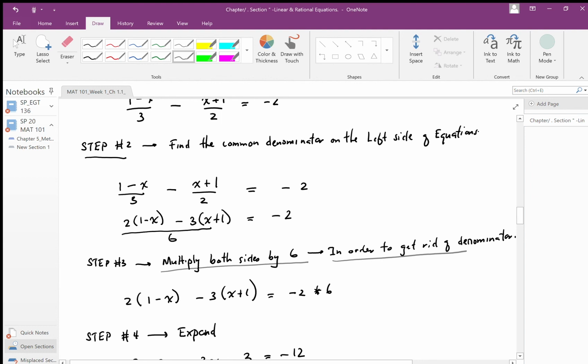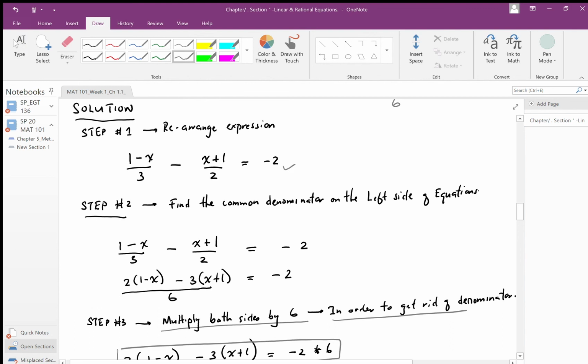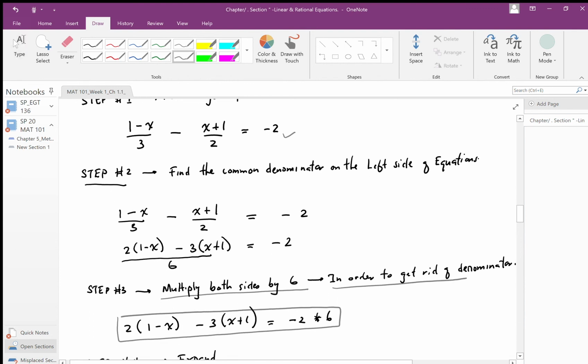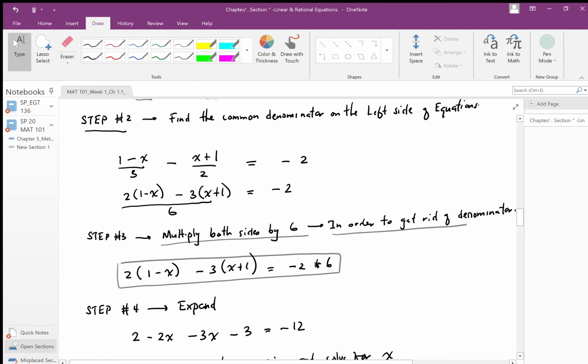All I did here was rearrange the expression. And what I did here was find a common denominator, but you could just look at the denominators, 3 and 2, and tell that the common denominator is going to be 6. So now we can multiply through by 6.